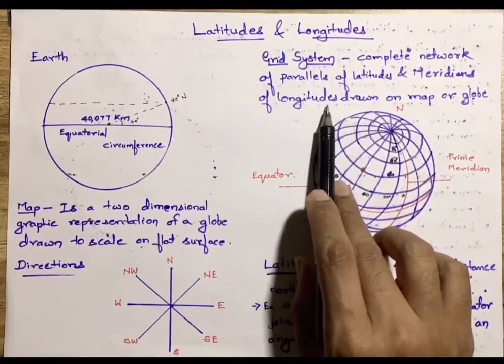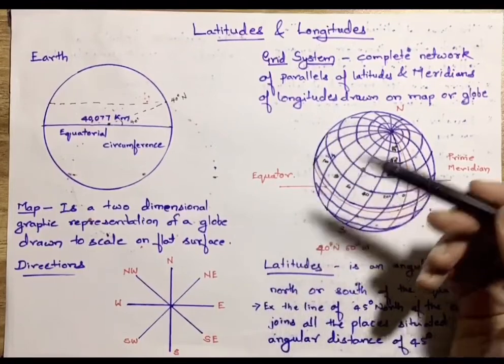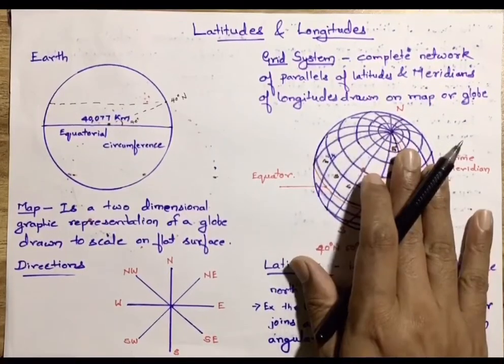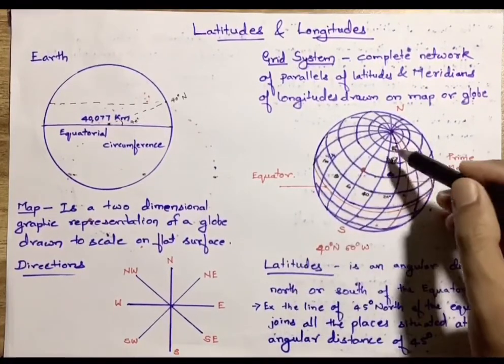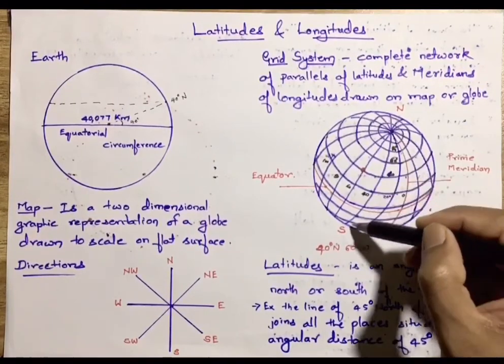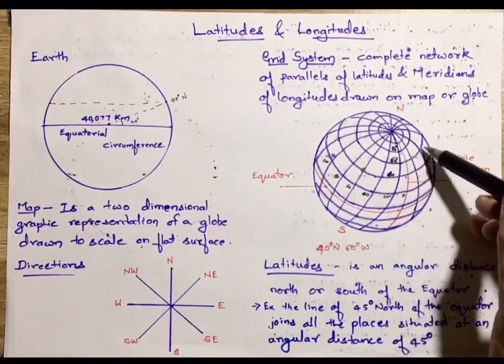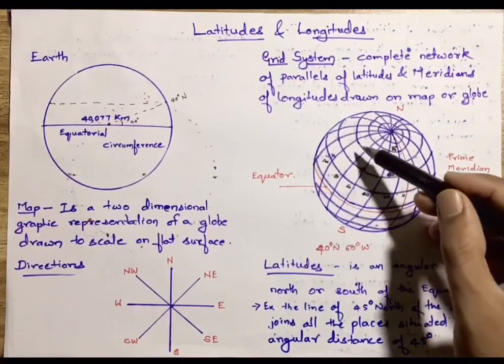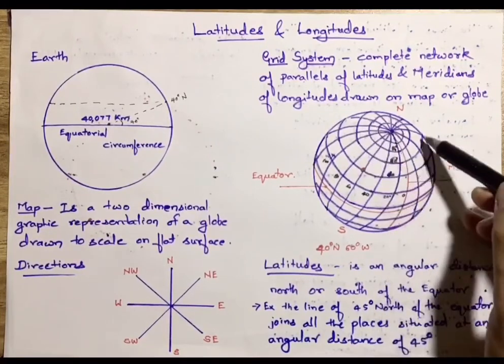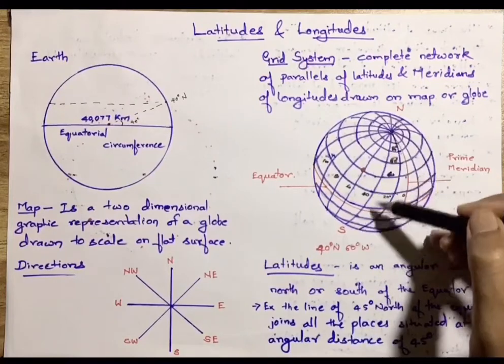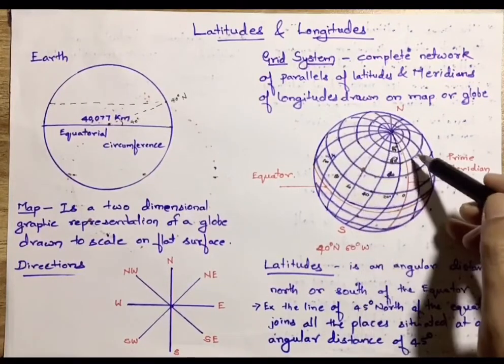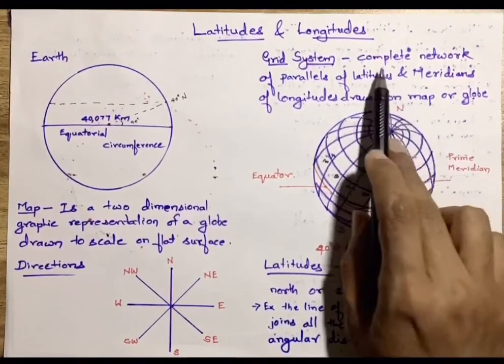This we will be studying in detail in the later half of this chapter. You can see over here, these vertical lines are called longitudes and these horizontal lines are called latitudes.